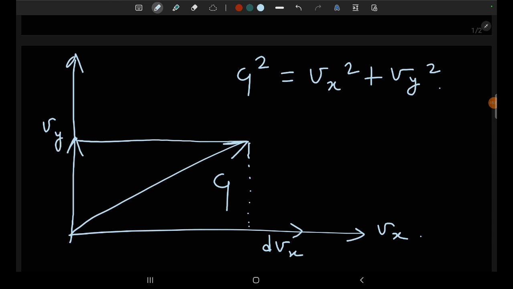We had dVx along the x-axis, so let's call this distance dVx. Let this be origin O, A, B, and let this be C, D, and let's go ahead along the y-axis. Let's call this dVy, and let's call this E.